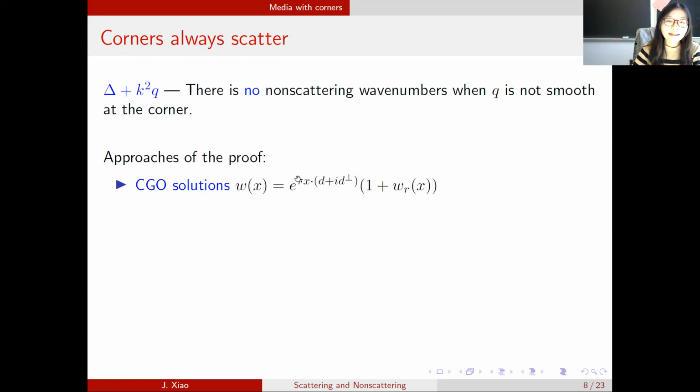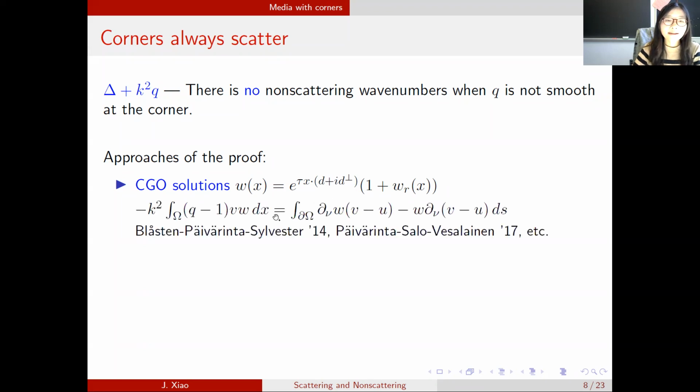So when tau goes to infinity, this term dominates, which means that whenever we are looking in a domain where x dot d is always, say, negative, then we can establish asymptotic behaviors based on this integral identity, and this integral identity is obtained from the previous transmission eigenvalue problem.